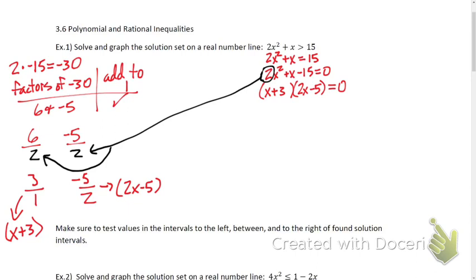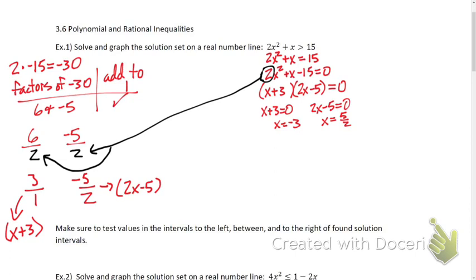All right, now I need to solve this thing. Set both equal to 0. And we get x equals -3 and x equals 5/2. So everything so far has been review. What we do, we look at the bottom line down there that I typed.